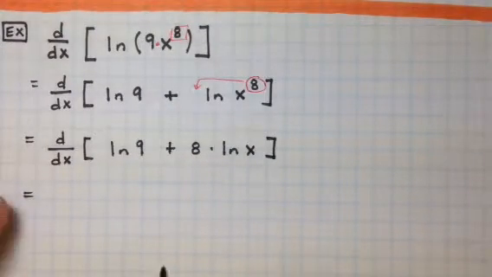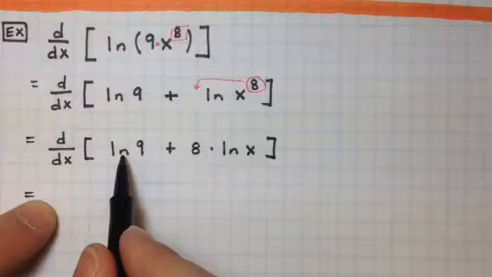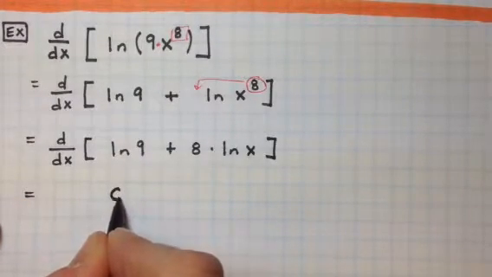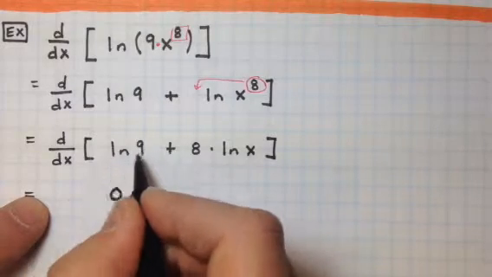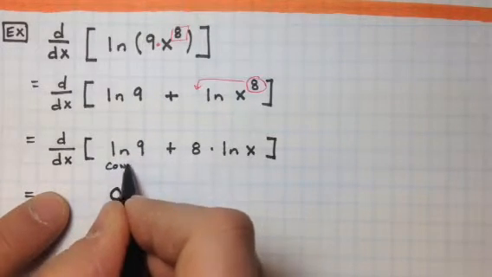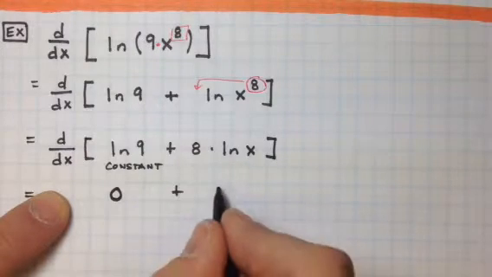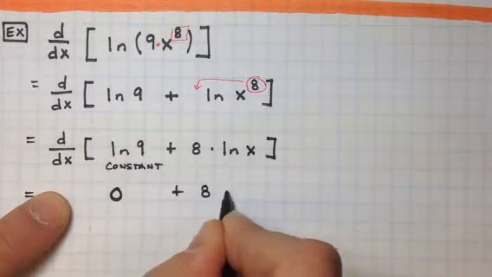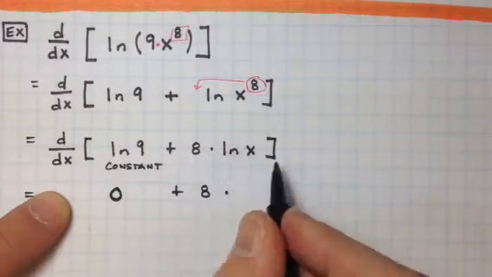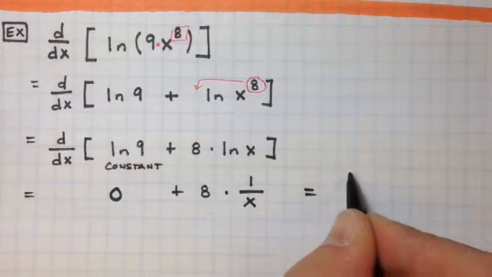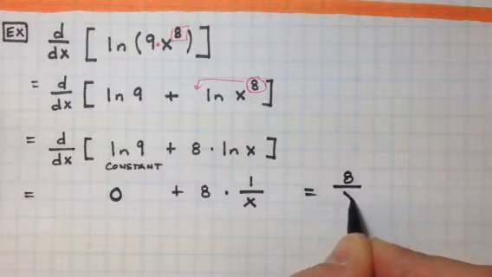And what you'll notice is that when we evaluate this, the derivative of natural log of 9 is just 0, because this right here is a constant. Plus, the 8 is along for the ride, times the natural log of x has a derivative of 1 over x. Therefore, our answer is 8 over x.